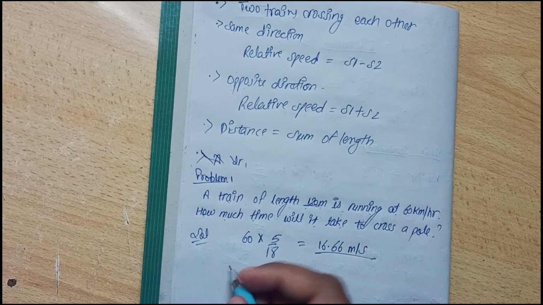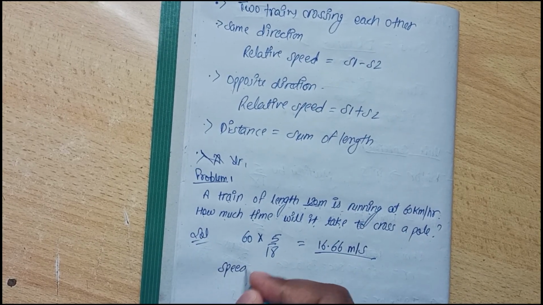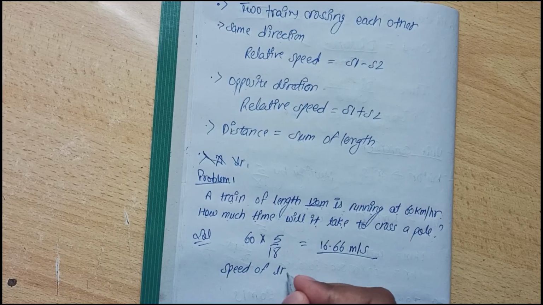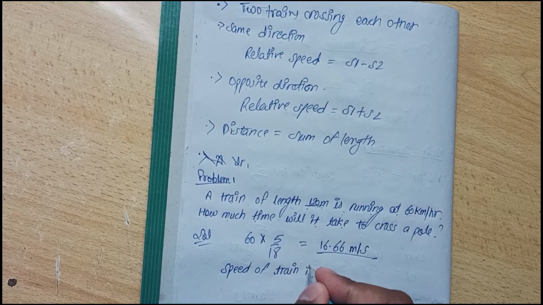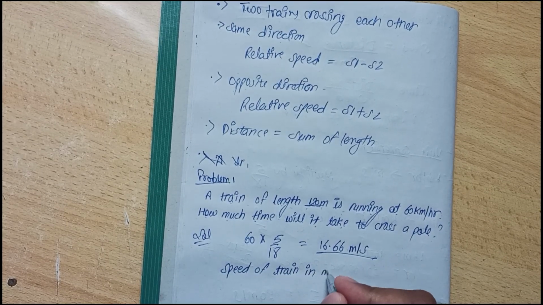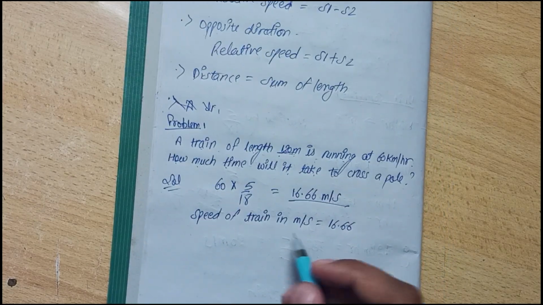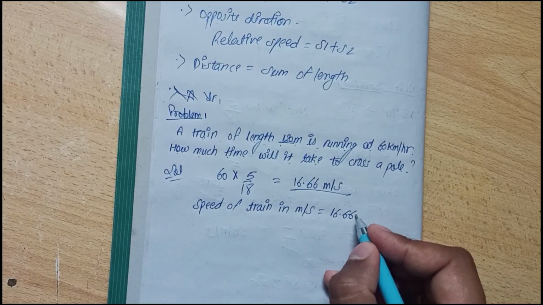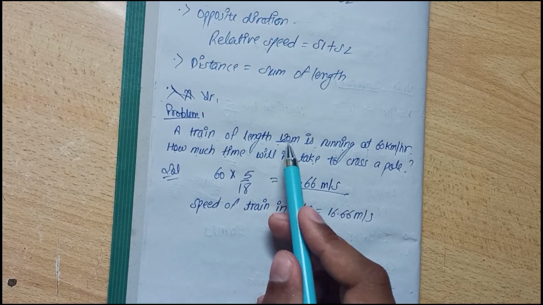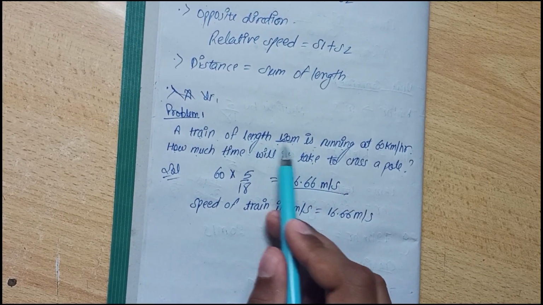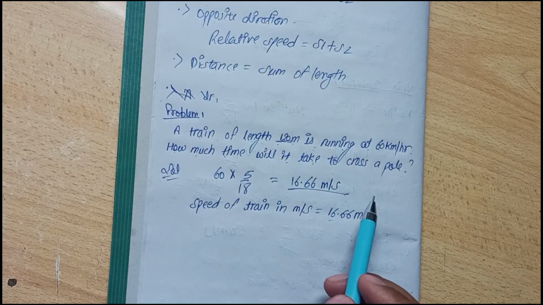This is our speed of train in meter per second. And now we have a distance and a speed in the same unit.